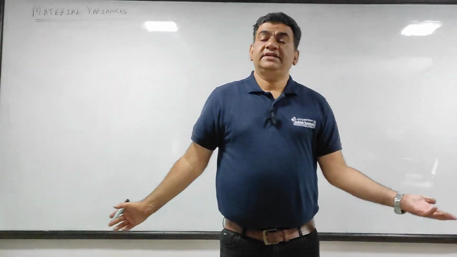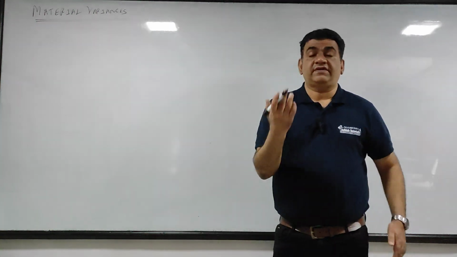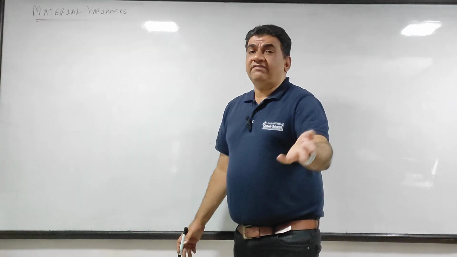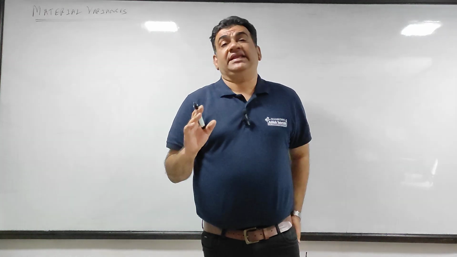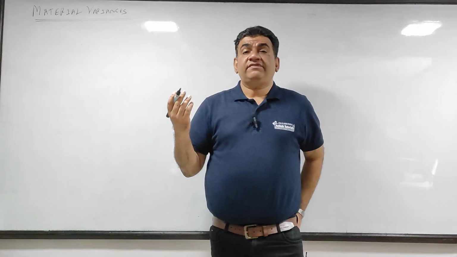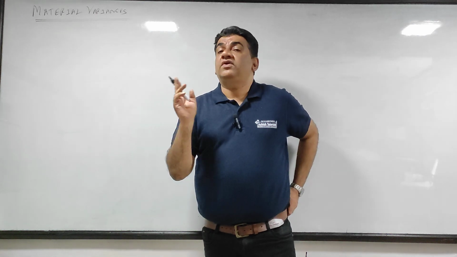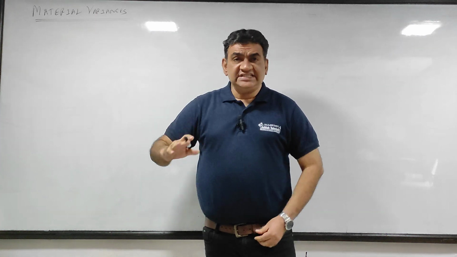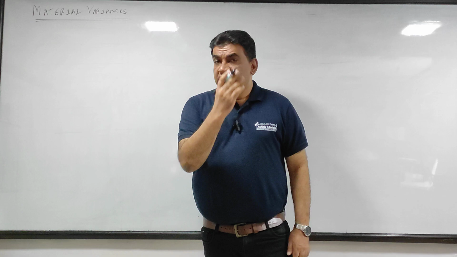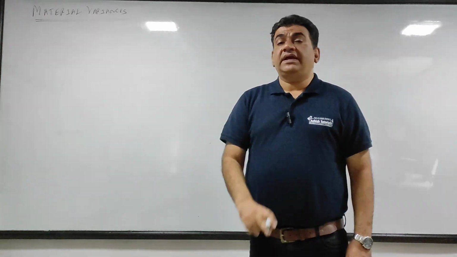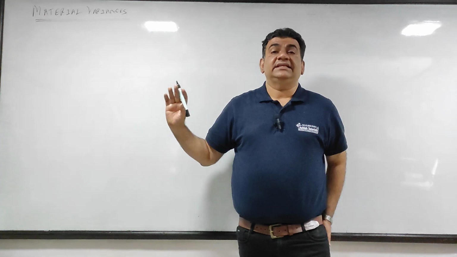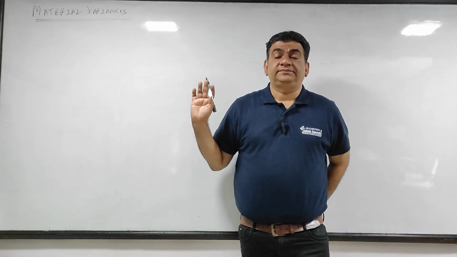You all have been studying it in FY also, manufacturing final accounts, and in SY, TY you have done it in costing. Material means raw material. To manufacture goods, you need raw material. So this analysis, which in this session we are going to study, will be based on material, the first part.